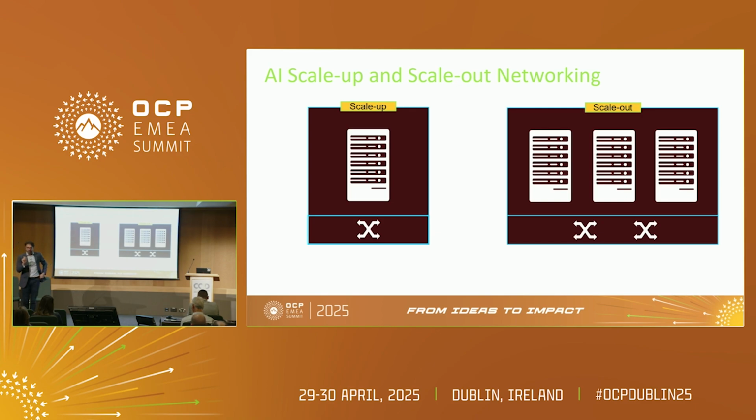Now, in a distributed compute problem, I would argue networking plays a key role. Why? Because the performance of your AI infrastructure depends on how efficient is your networking. So networking becomes a key component in AI infrastructures.